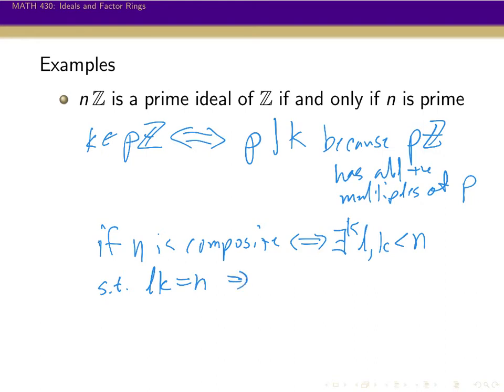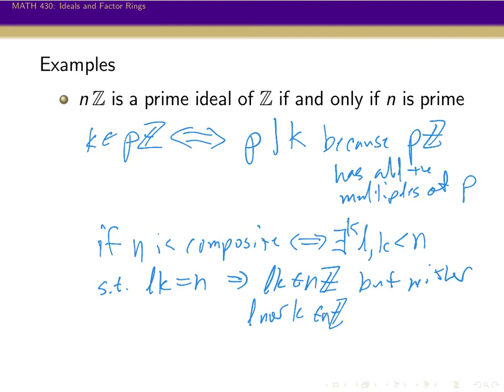And so then this would mean that l times k is inside of nZ, but neither l nor k is inside nZ, because they're not big enough and can't divide. Neither of them is divisible by n.